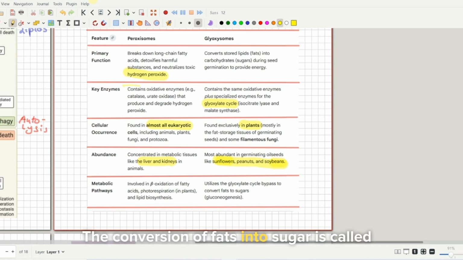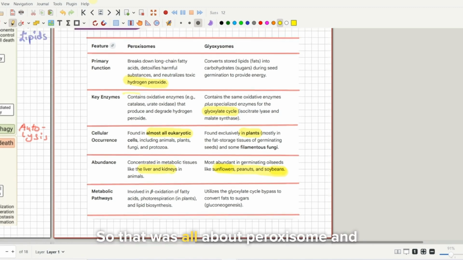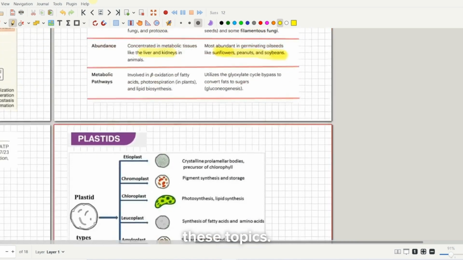The conversion of fats into sugar is called gluconeogenesis, where gluco means glucose and neogenesis means formation. So gluconeogenesis means formation of glucose. So that was all about peroxisome and glycosome. They are not really important for IMAT, but they are still relevant, so you should know the basics of these topics.